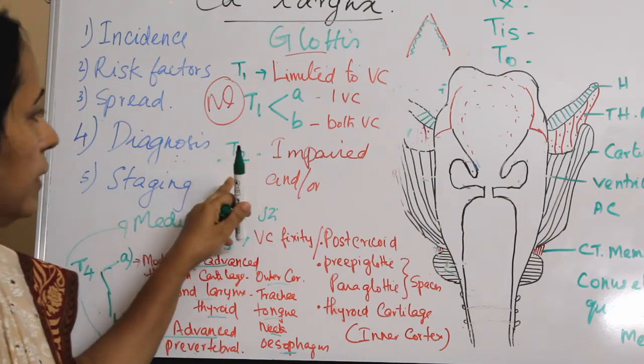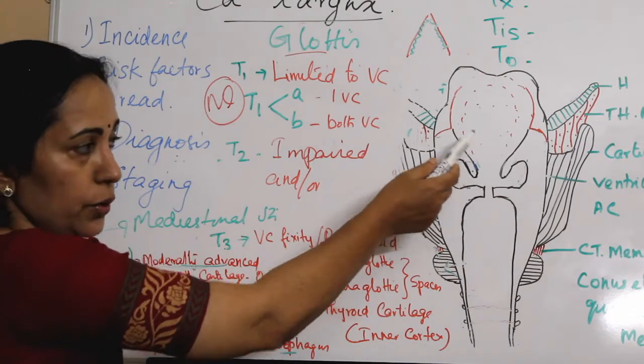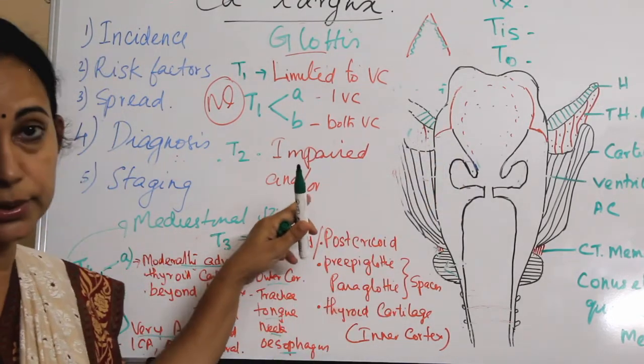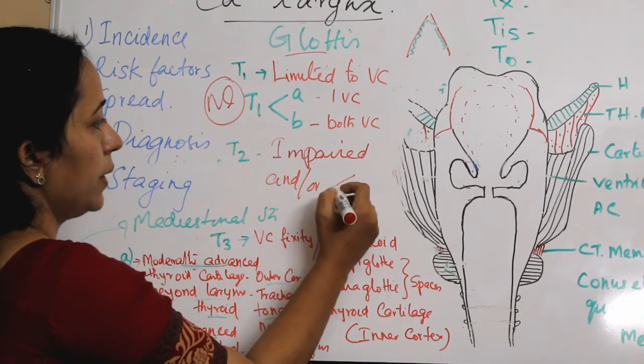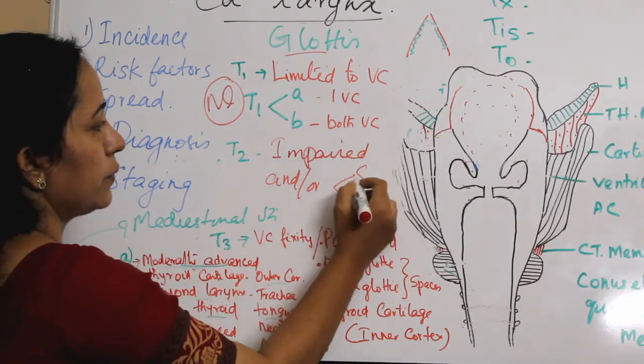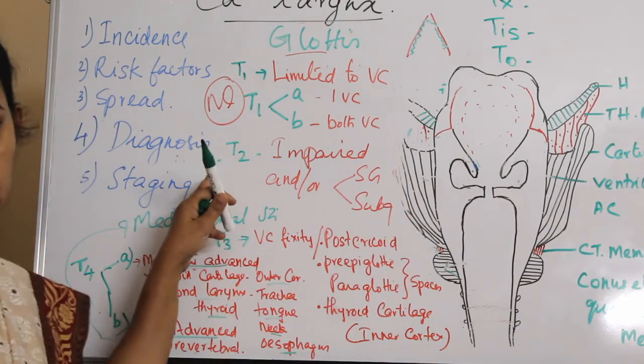So glottic T2 is involvement of the supraglottis and or subglottis and or impaired vocal cord mobility. Okay, so impaired vocal cord mobility, involvement of the supraglottis or involvement of the subglottis is T2.